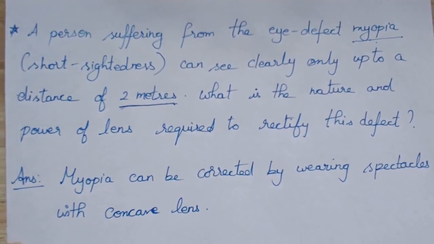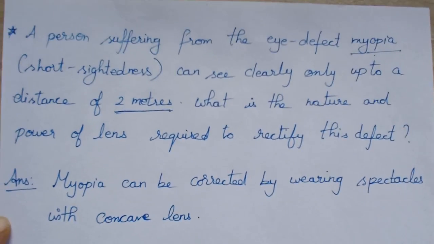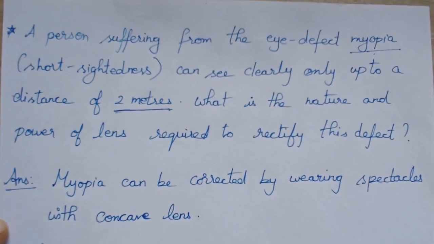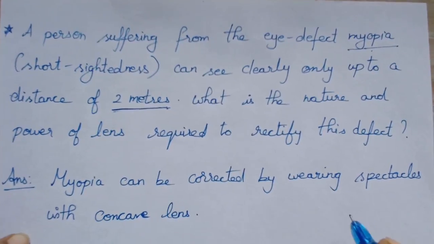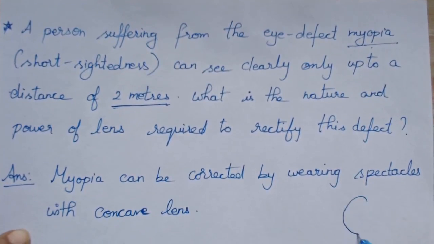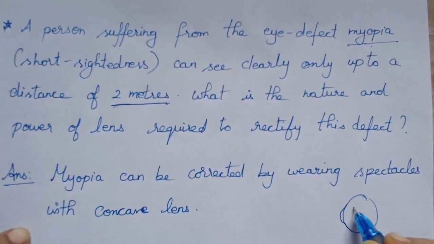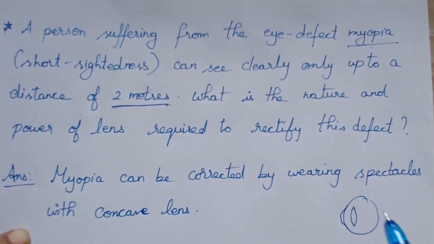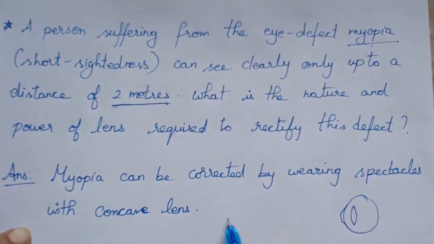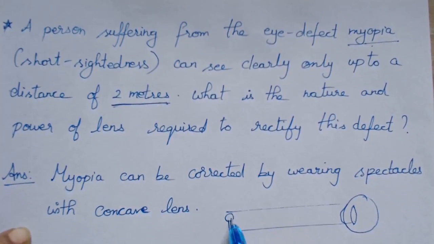So what is given, we can write like this. This is the person's eye, and this is the lens. Somewhere at infinity, for example, a tree is here.